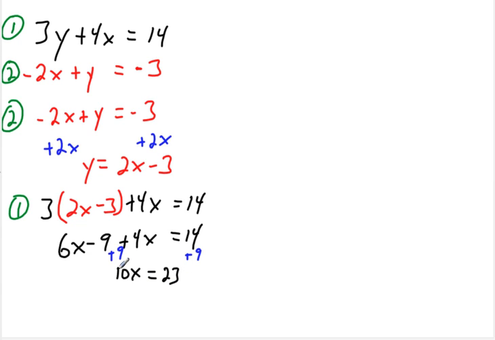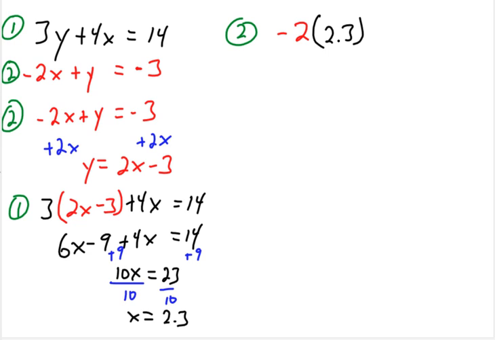Now I can divide both sides by 10. And I can get x equals 2.3. Okay, so now again, I can use this knowledge that x equals 2.3 to figure out what y is. I can put it into any of these equations. I'll pick equation 2 just because neither of them look terrific, so I'll just pick one of them.